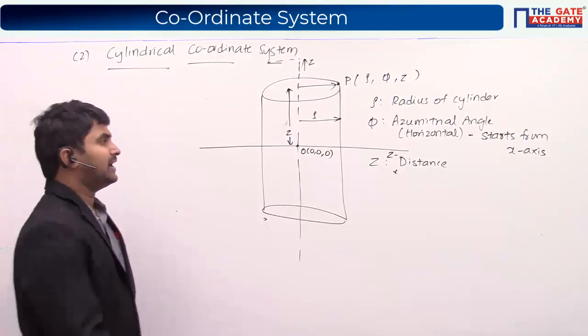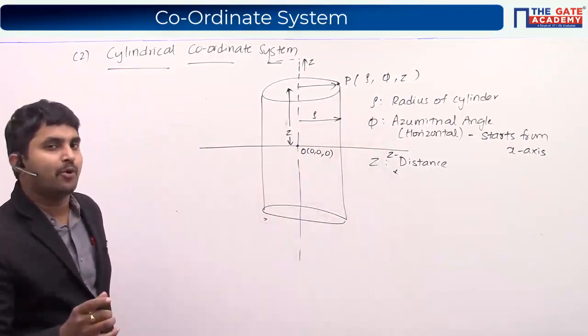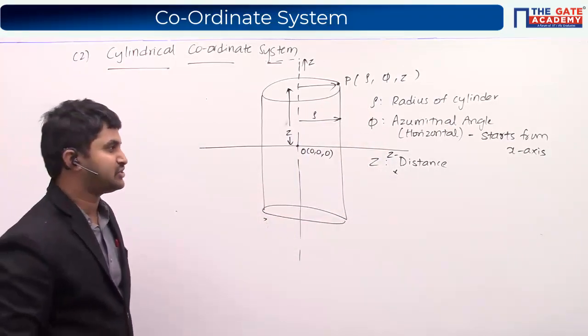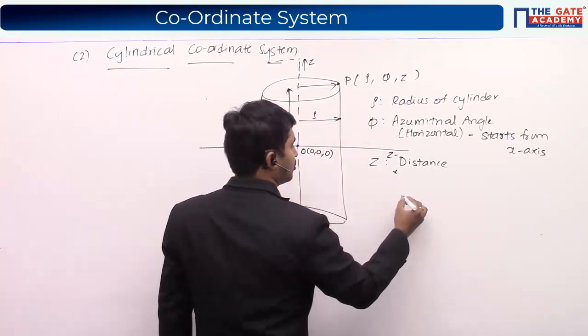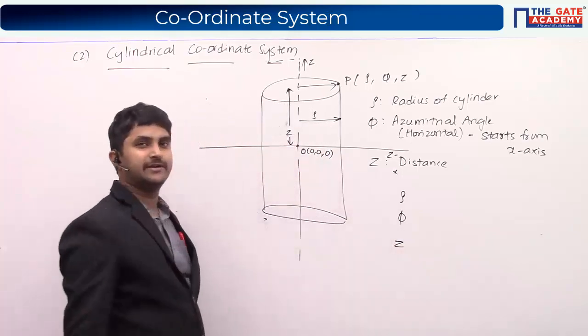Right? Now let us define the ranges of all these three parameters. What could be the possible ranges for rho, phi and z? Can you please tell me?